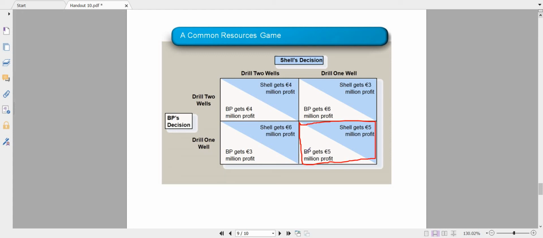Now, if Shell sticks to one drill, what is the best strategy for BP? BP is going to compare its payoffs, and you can clearly see that if BP cheats and drills another well, it can increase its profit to 6. So we are moving from this box to this box here.